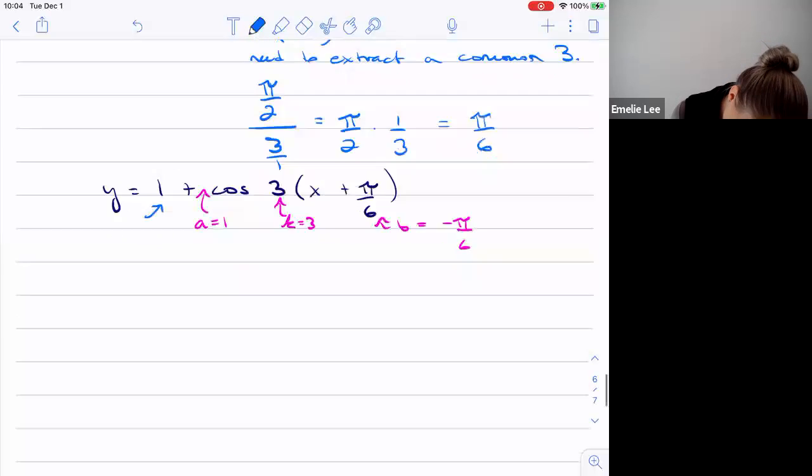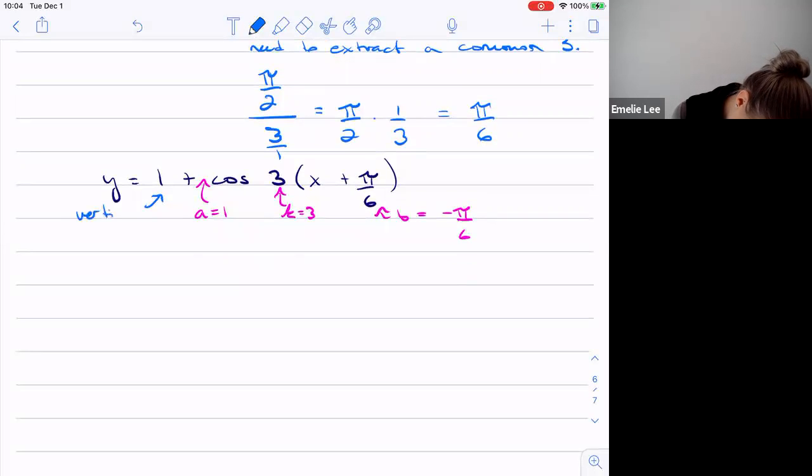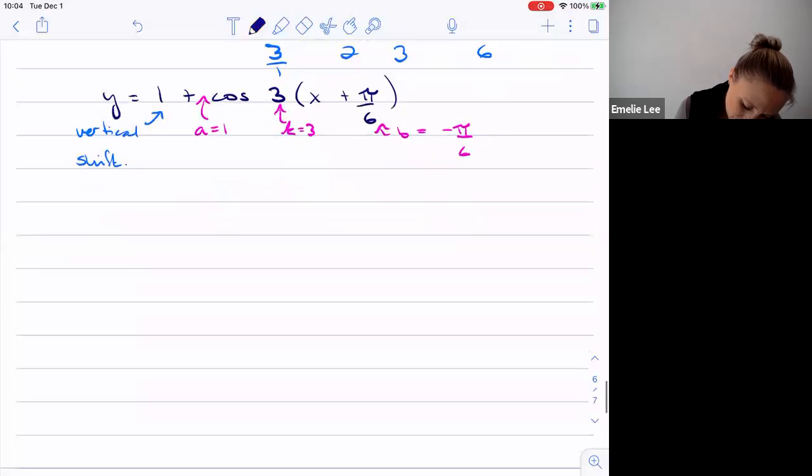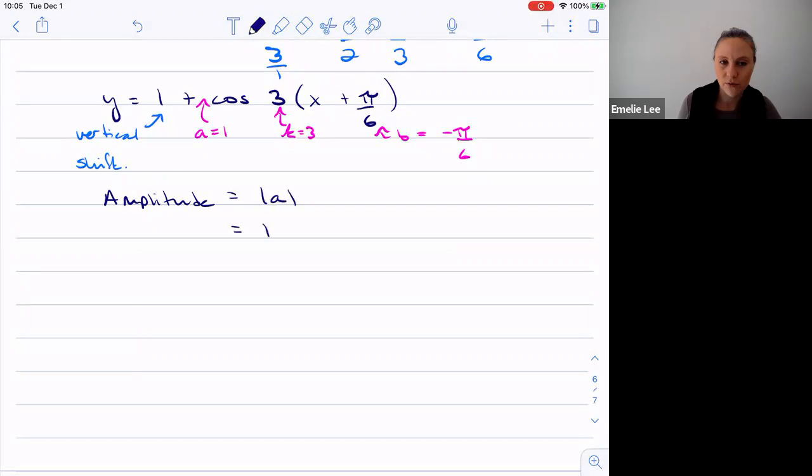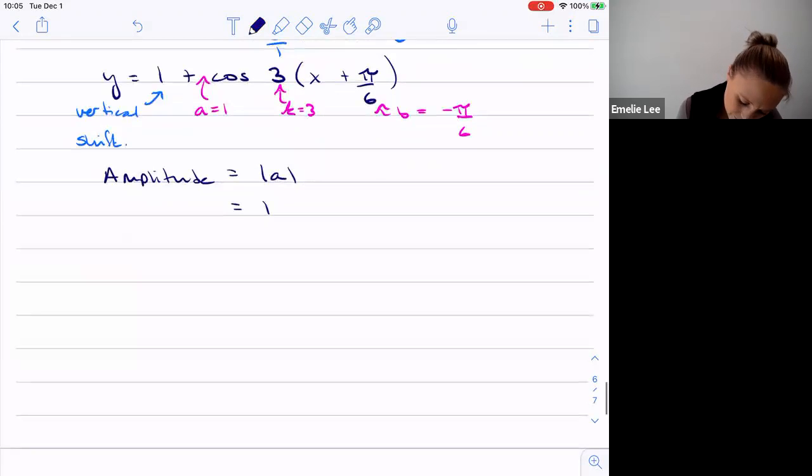This makes a vertical shift up 1, but we're ignoring that because all we're asked to find is the amplitude, which is the absolute value of a, which is 1. The absolute value of 1 is 1. The period is 2 pi over k.